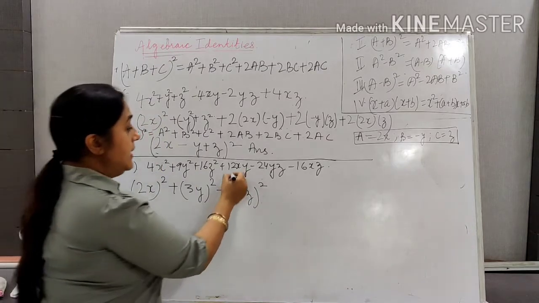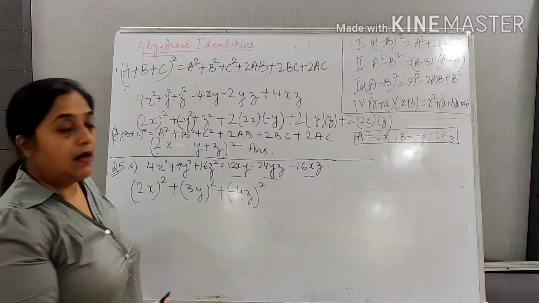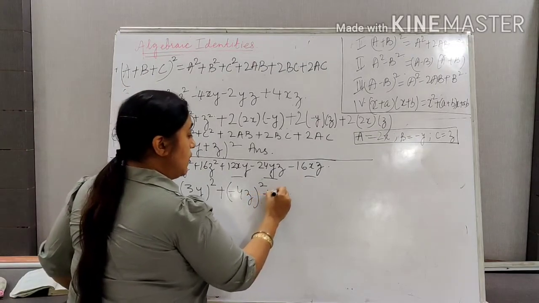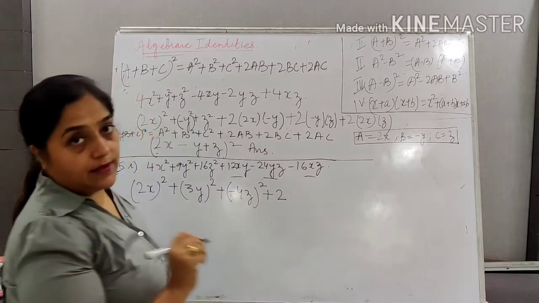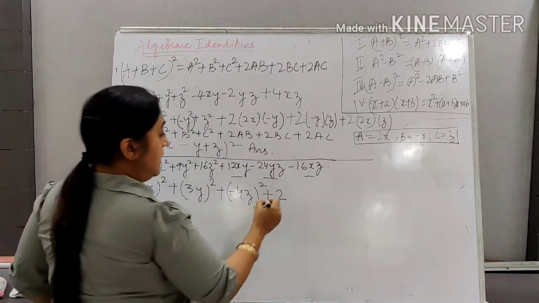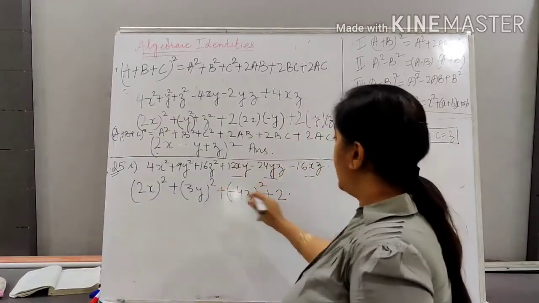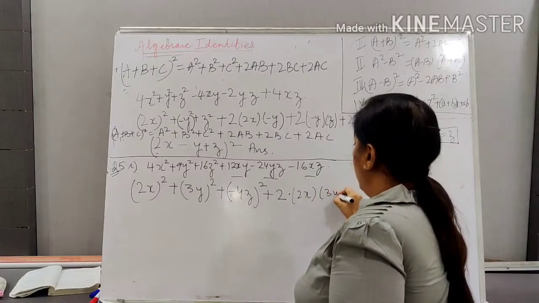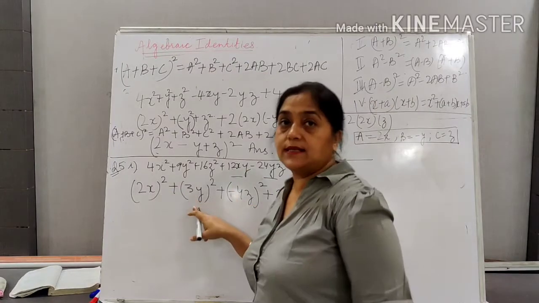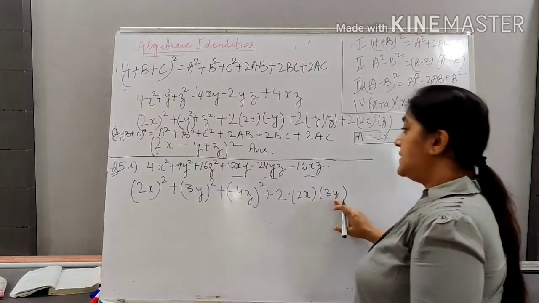Now let us make these three as 2ab, 2bc and 2ac. So 2 of the formula, 12 was the given term, so 2 is being taken out, so what will we get? 6. So how will 12 split up? It will be 2x into 3y because it is containing x and y, right? So I will be taking it from here only. 2x into 3y.